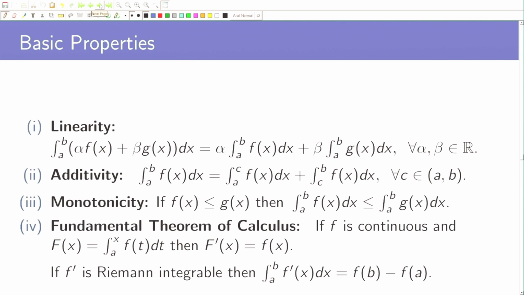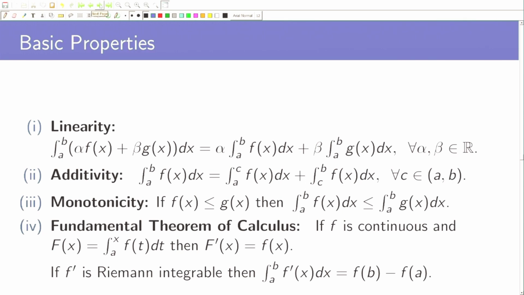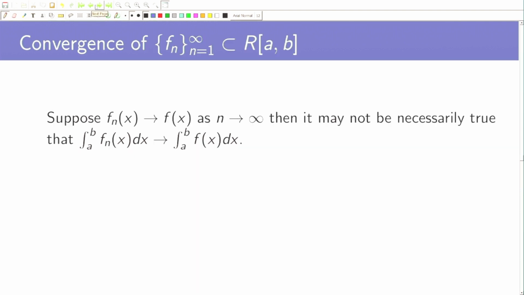It is not necessarily the case that if I take a differentiable function f, then f prime is Riemann integrable; that is not known to me at this stage, which in fact will not be true, so we need to impose the condition that f prime is Riemann integrable. Then the integral from a to b of f prime of x dx equals f(b) minus f(a). That is the evaluation part. Okay, so this is the standard stuff of Riemann integration.